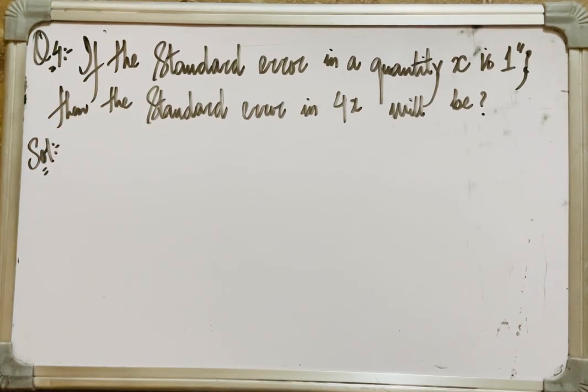All right, if the standard error in a quantity x is 1 second, the standard error in 4x will be? We know that from the propagation of errors, if any quantity is multiplied by some constant k, the error in the quantity is equal to k times the error in the observed quantity.